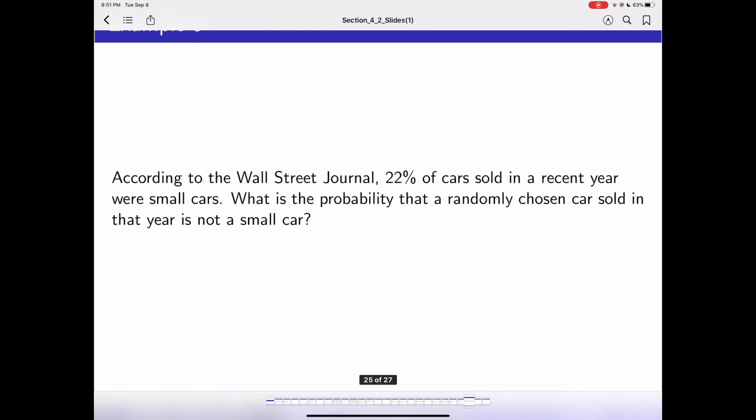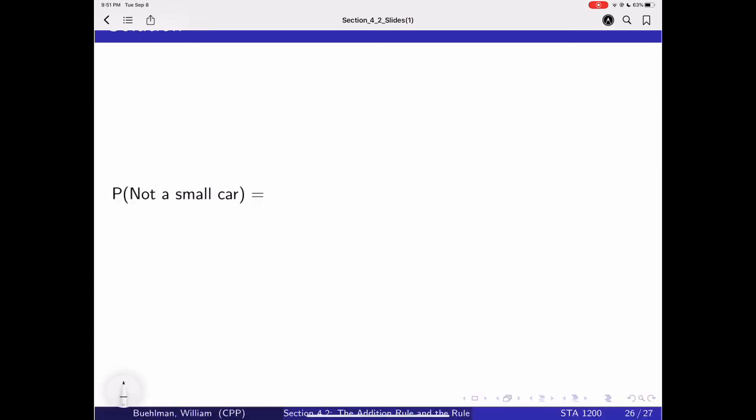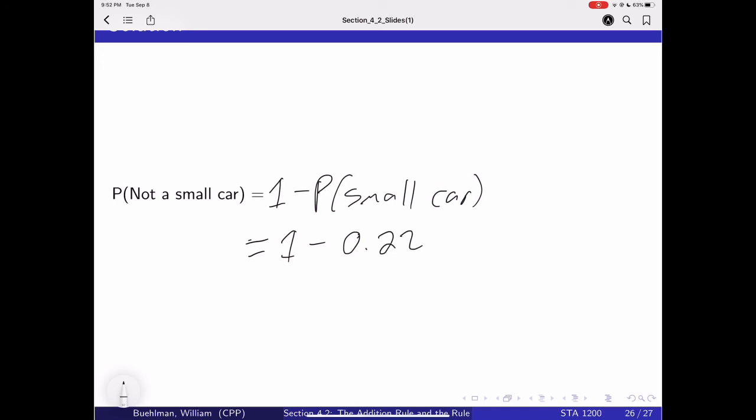Example 5. According to the Wall Street Journal, 22% of cars sold in a recent year were small cars. What is the probability that a randomly chosen car sold in this year is not a small car? The probability of not a small car is 1, the probability of everything, minus the probability of a small car, which is equal to 1 minus that probability of a small car was 0.22, which is equal to 0.78.